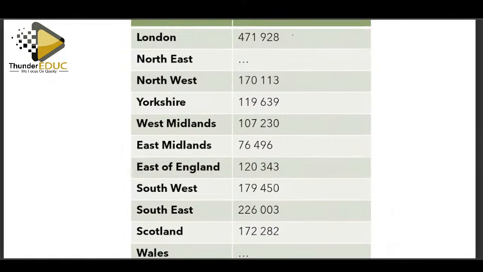The biggest number is this one here, position number 1, followed by this one here, position number 2, followed by 179, 170, 100. This is position number 3.